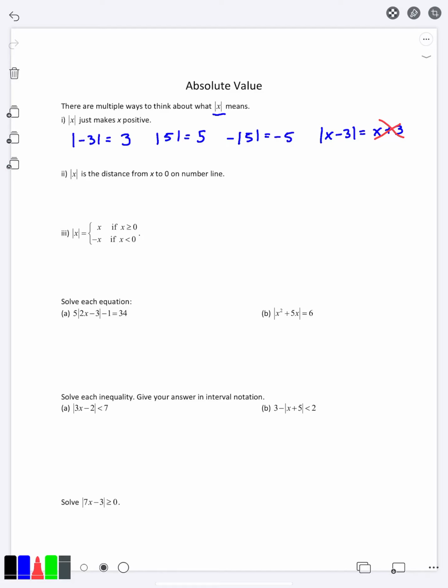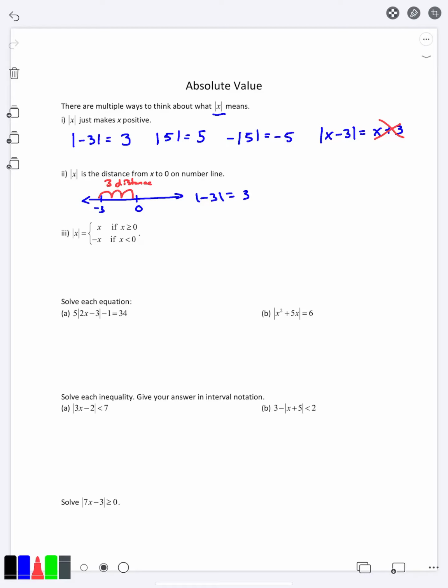The second way that you'll see in textbooks often is that absolute value indicates how far you are from 0 on the number line. So we said the absolute value of -3 was 3, and that was because if you're at -3, you are 3 units or 3 distance away from 0.